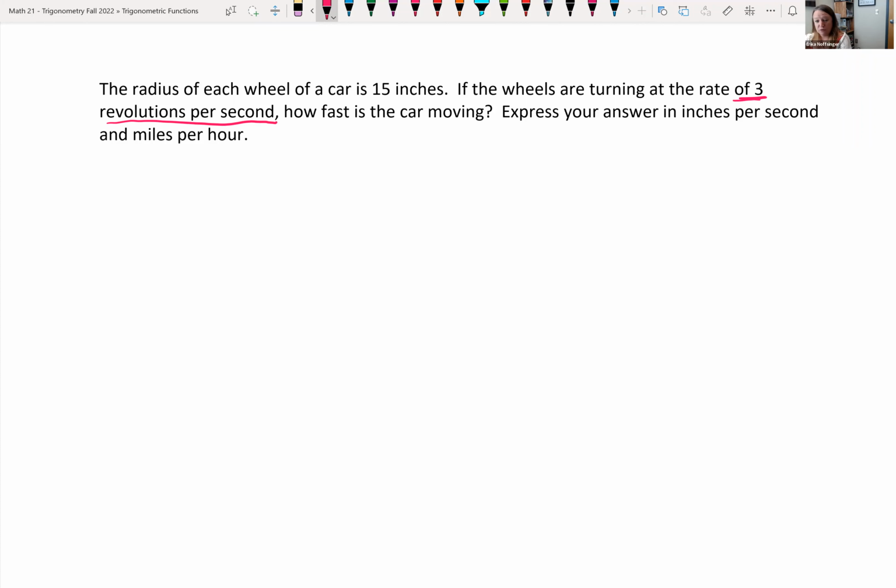So we want to take those 3 revolutions and convert that into radians. Well, 1 revolution is 2 pi. And so if they're making 3 revolutions, we know that theta is equal to 2 pi times 3, which is equal to 6 pi. Okay, so we want to know how fast this is moving.